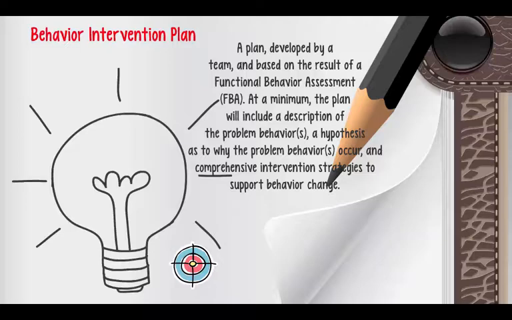We have to understand what the function of a problem behavior is before we can develop a plan in order to address it. So once again, I'm just going to remind you, we talked about the various functions of behavior. And I gave you that mnemonic device, SEAT. The behavior may be motivated by sensory consequences, may be motivated by escape and avoidance, may be motivated by attention, may be motivated by tangibles that the person's coming in contact with in the environment.